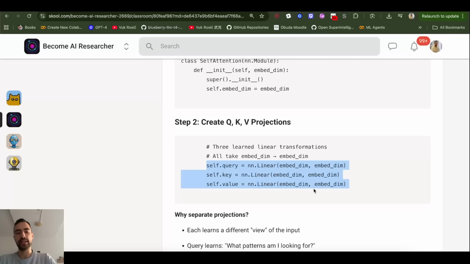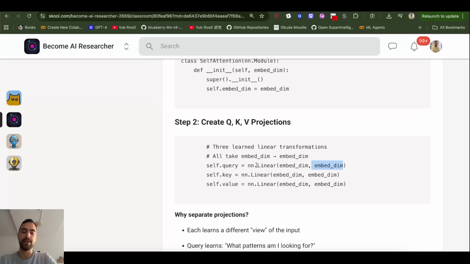Key, query, and value, which I explained, are all linear layers. I mean, they are created with linear layers. You pass in the embedding dimension, which is the vector dimension, the model LLM dimension. In this case, we will have the same dimension for the query, key, and value. Sometimes you can have smaller dimensions here. So this will go from embedding dimension to embedding dimension, but it will transform.